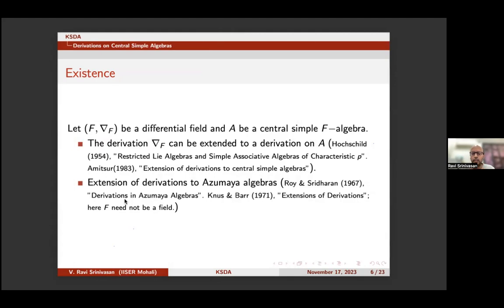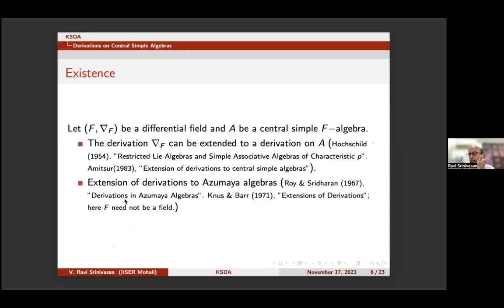Then for the characteristic p setup, using Hasse-Schmidt or iterated derivations, one can actually extend a derivation on a ring to any Azumaya algebra. This was done by Roy and Sridharan, and also in a similar context by Knus and Barr in 1971.